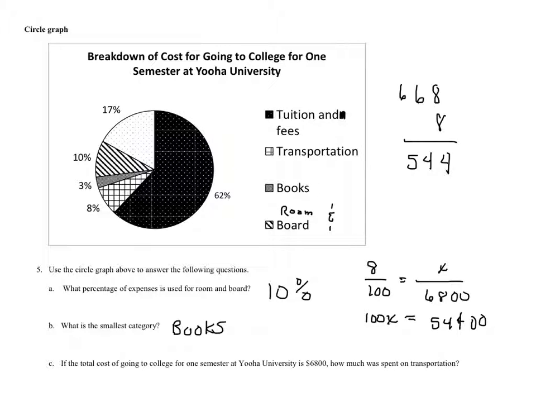Just double checking my math. 48 and 6 is 54. And then I'm going to divide both sides by 100, but luckily for me, I can do that pretty easily. So X is equal to $544. So $544 is spent on transportation.